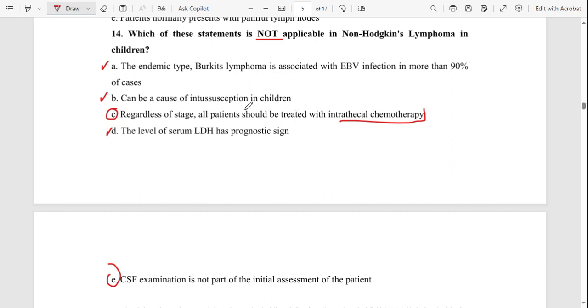And prophylaxis can also be part of the treatment. So this one, we can classify it at least in some way, option C. But option E definitely can't be qualified because you want to make sure that you rule out CNS involvement in these patients before the CNS is involved, which is going to be very bad.